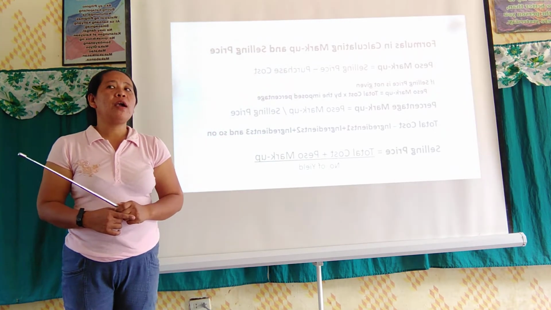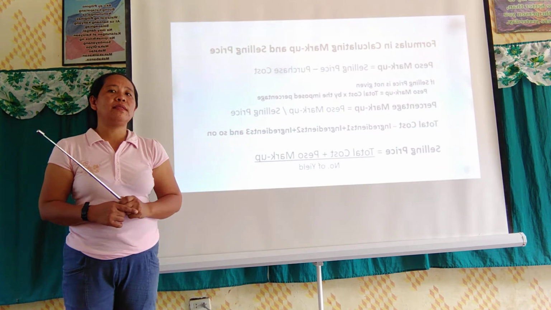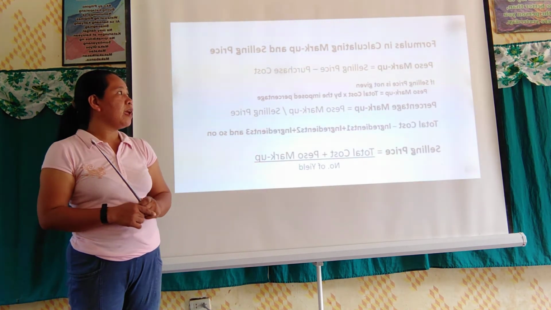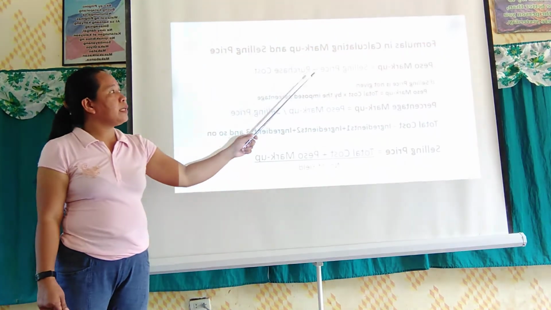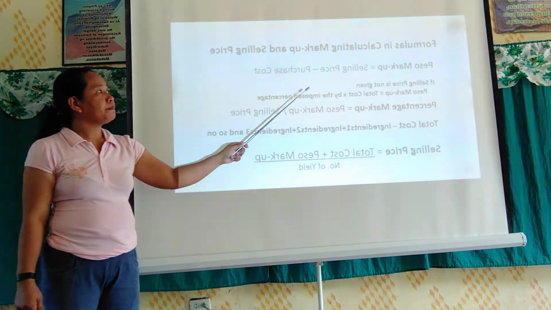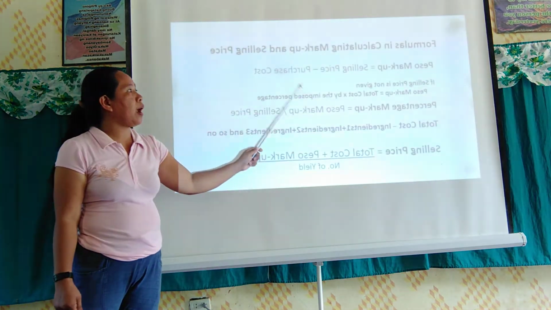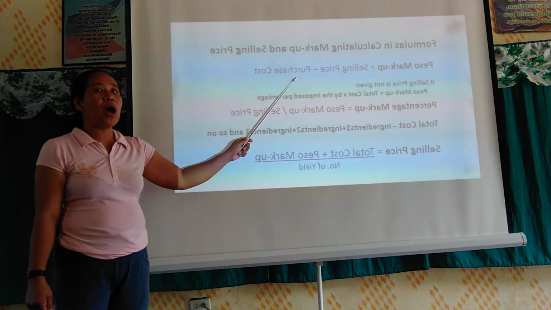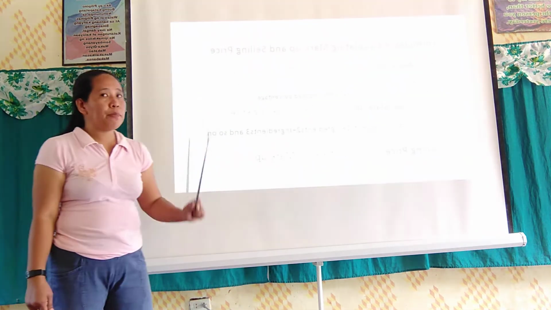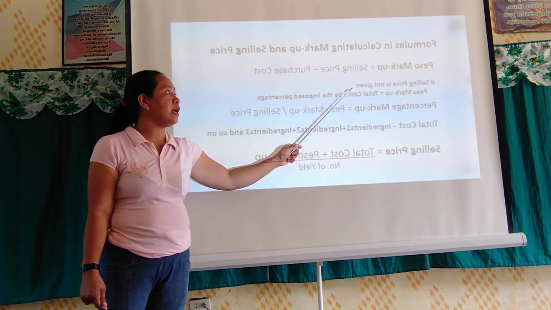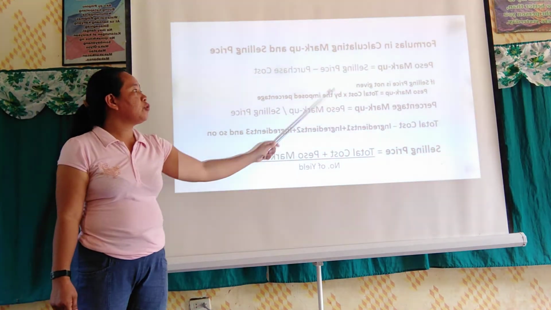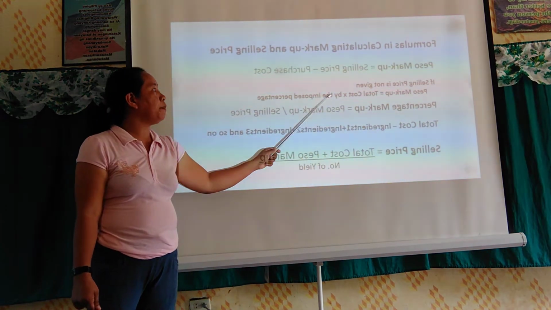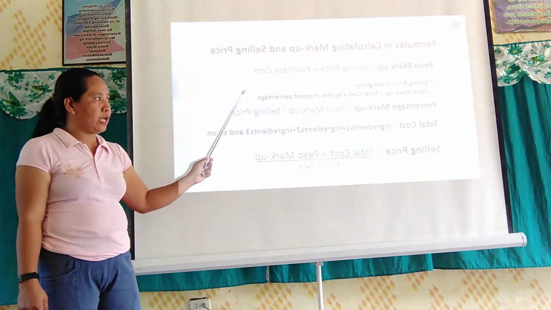But before we can calculate the markup and the selling price, we should know these formulas. In calculating the peso markup, we just subtract the purchase cost from the selling price. But if the selling price is not given, markup can be calculated through total cost multiplied by the imposed percentage.